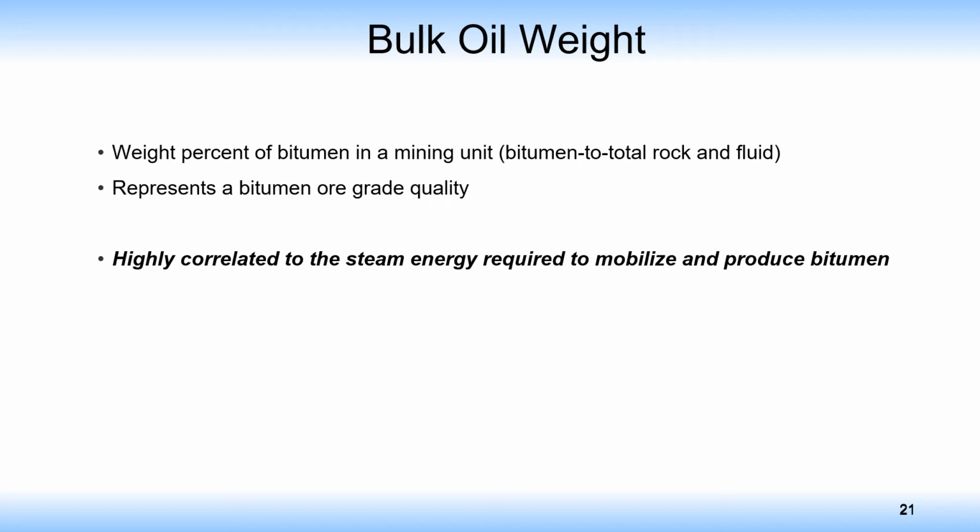It's the quality. It turns out that, from the old studies in the late 90s, early 2000s, we saw that bulk oil weight was highly correlated to the steam energy required to mobilize and produce bitumen. So it's a good measure of pay quality for this process.